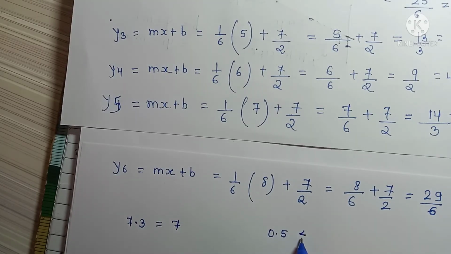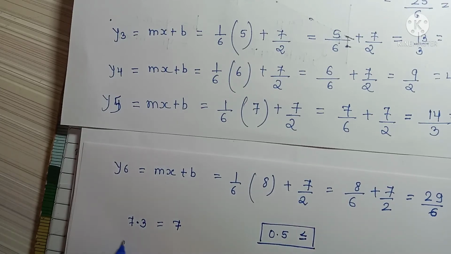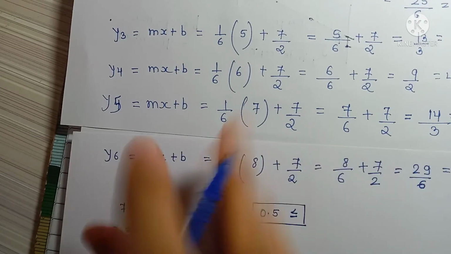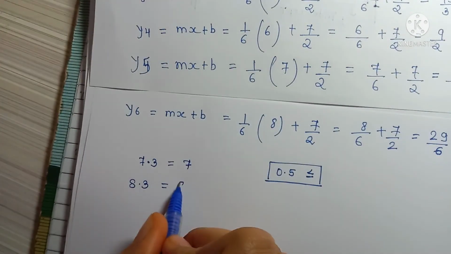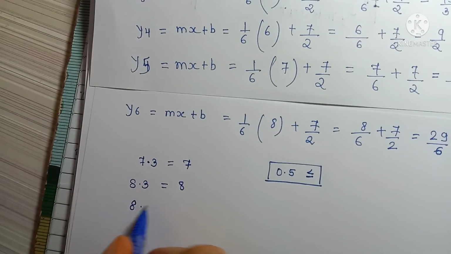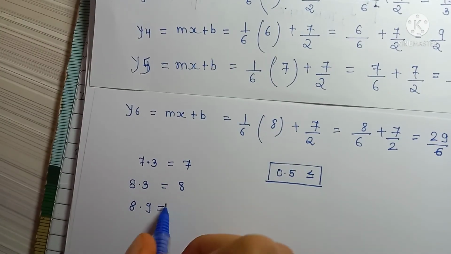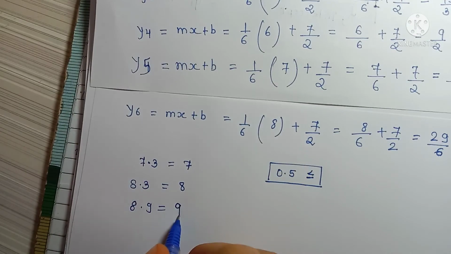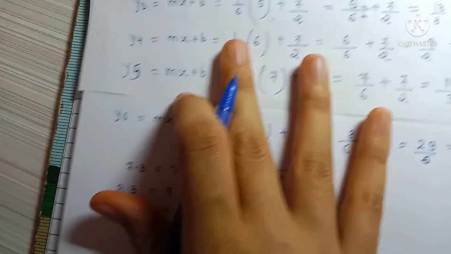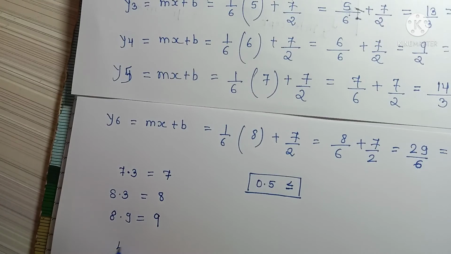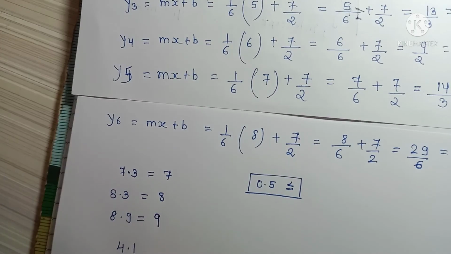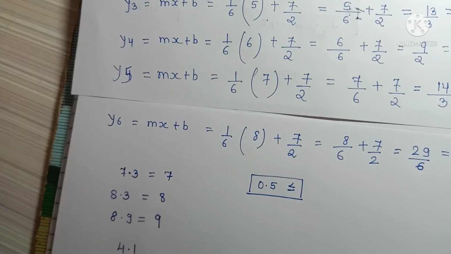If it is less than or equal to 0.5, then the value remains the same. 8.3, again 0.3 is less than 0.5, so it will be 8. 8.9, 0.9 is greater than 0.5, so it will be the next integer 9. In this way you have to round off. So from the above example, 4.1, 4.3, 4.5, 4.6, 4.8.